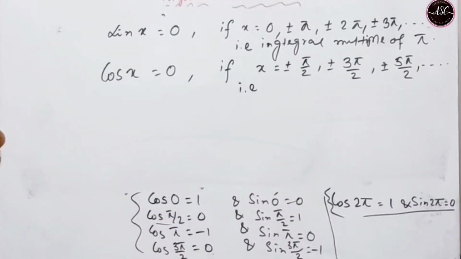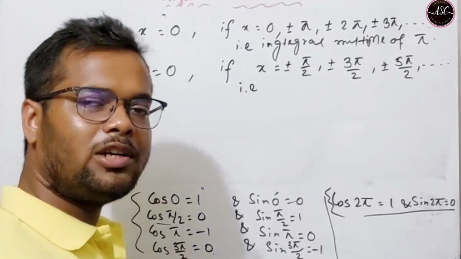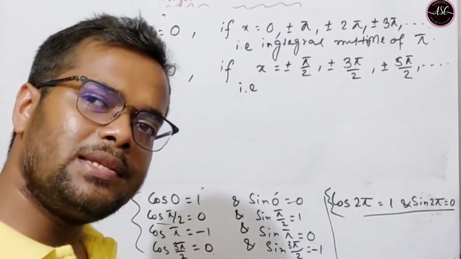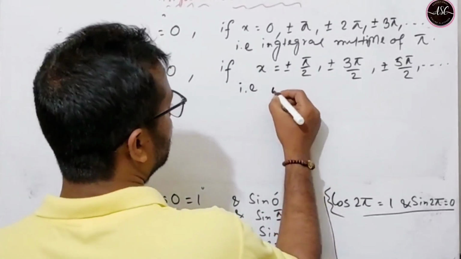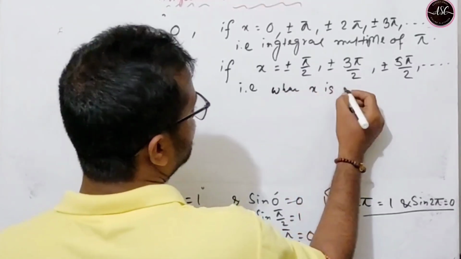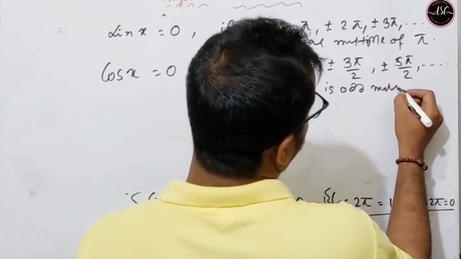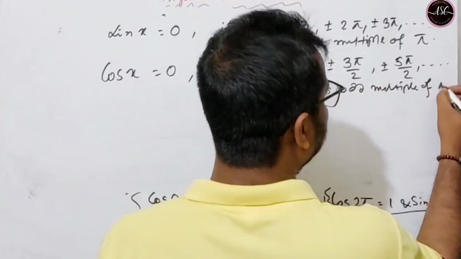Here x is not an integral multiple of pi by 2; this is an odd multiple of pi by 2, when x is an odd multiple of pi by 2.